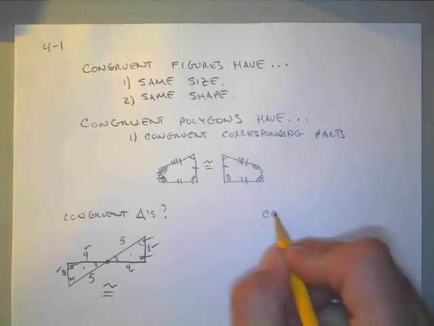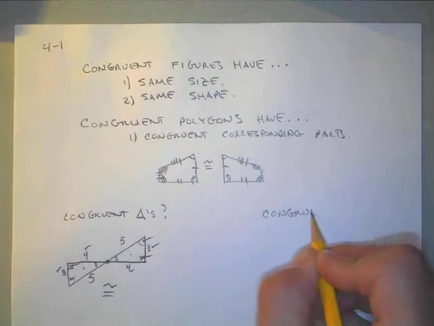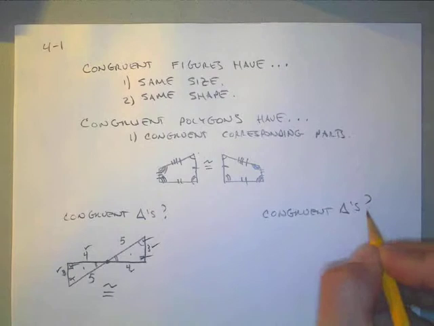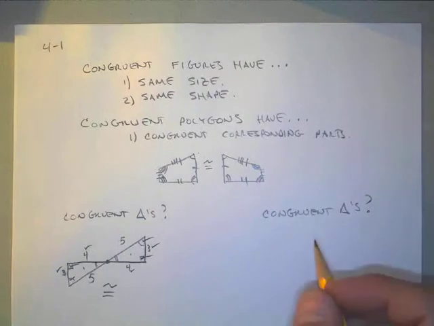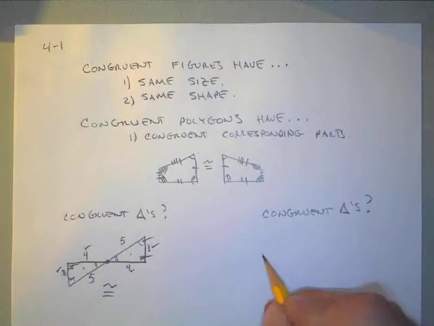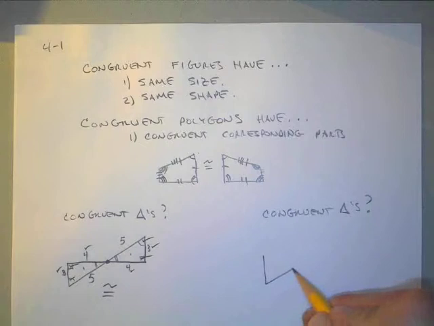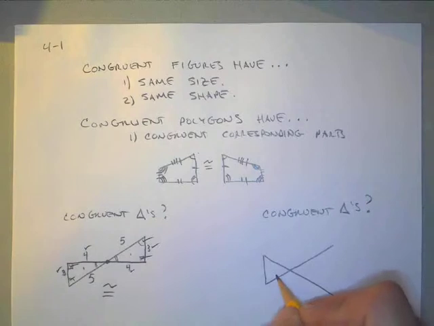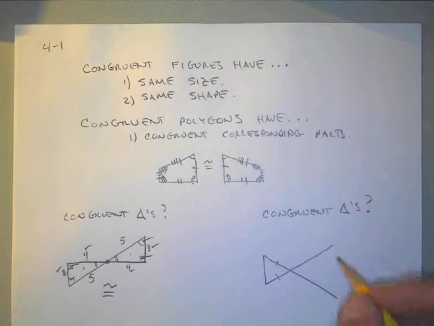Well, let's try this again with a different set of triangles. So the question is, are these triangles congruent? So I'm going to draw an equilateral triangle like this so that these two sides are equal.